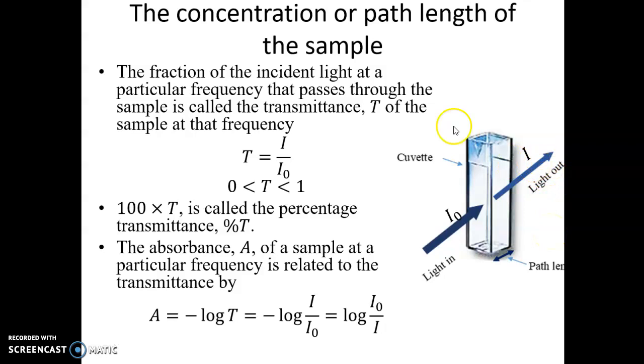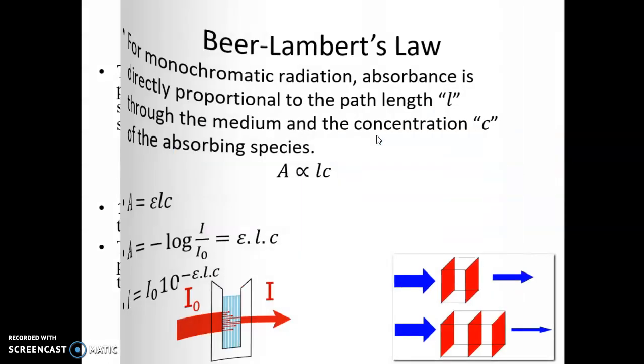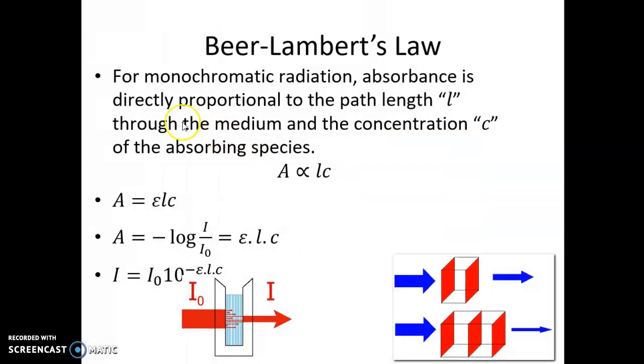According to Beer-Lambert, how do the concentration and path length affect the intensity? According to Beer-Lambert's law, if you pass light through a sample, the absorbance is directly proportional to the concentration, that's the amount of substance present, and also proportional to the path length, that is the distance traveled by the light.